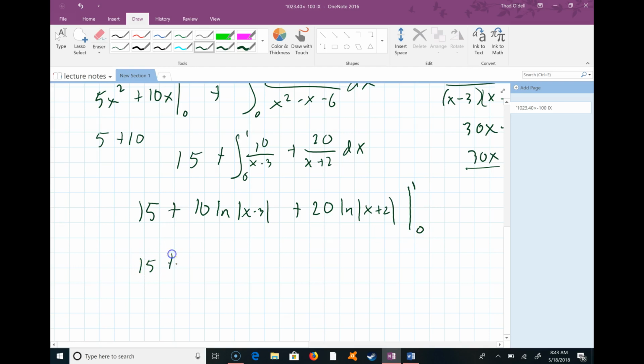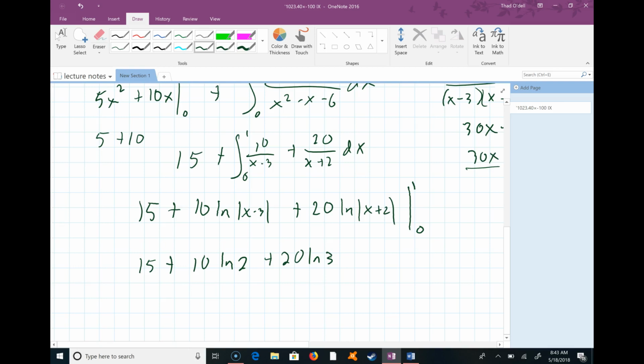So I have 15 plus 10 times the natural log of, if I put a 1 in there, that would be negative 2, but I have the absolute value, so it'd just be 2, plus 20 times the natural log of, if I put a 1 in there, that'd be 3.